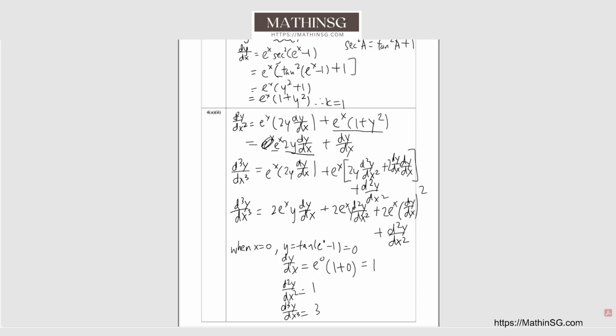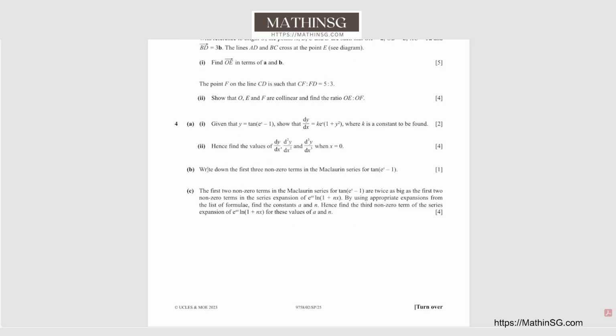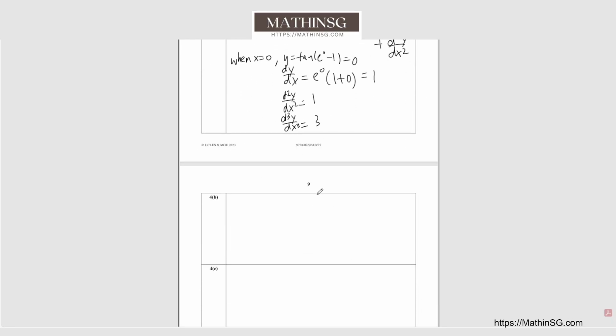Alright, let's move on to the next part. I'm asked to write down the first 3 non-zero terms in the Maclaurin series for tan(e to the power of x minus 1). I've already found these values here. So, Maclaurin series for tan(e to the power of x minus 1). Okay, what to do?